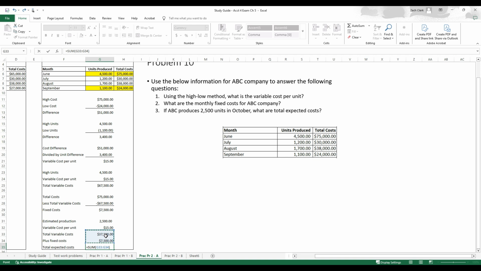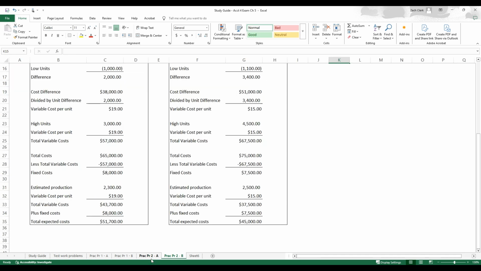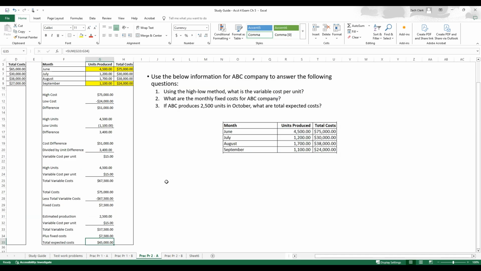And remember, the fixed costs are going to be the same every month, regardless of production, right? So no change there. The only thing that changes, based on our production, is the variable piece, which we figured out above. And then adding in the fixed portion arrives us at 45,000. And that's how you do the high-low calculation.